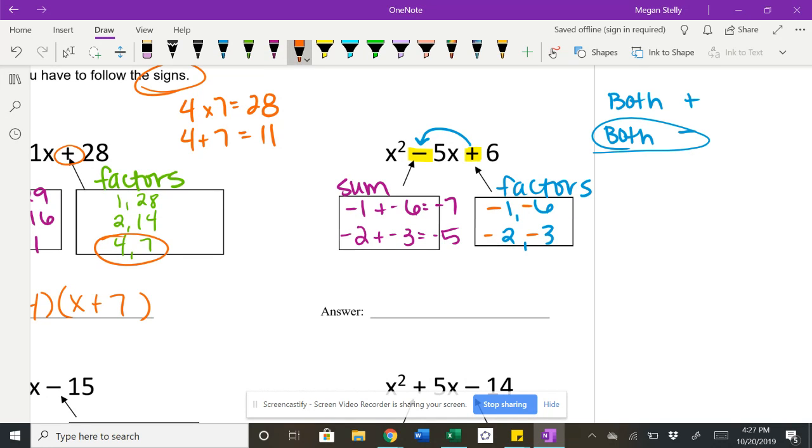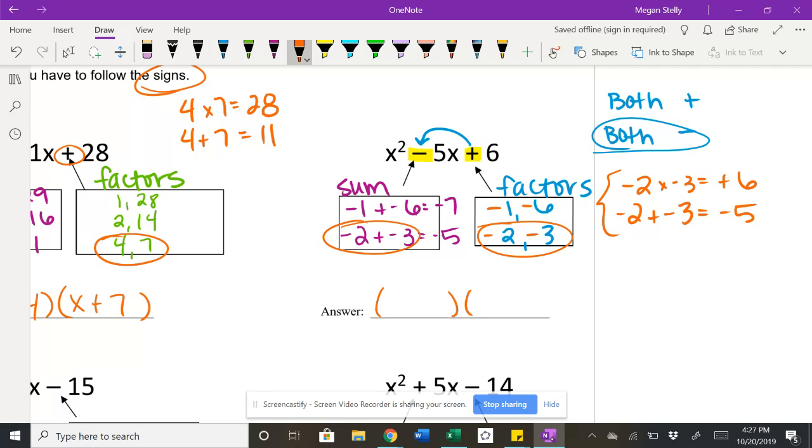And so the pair that I want is -2 and -3, because they multiply to a positive 6. -2 times -3 is a positive 6. And they add to -5. You don't have to do this work that I've done off to the side. I just wanted to show you that that's how this is going to work. So when we write our answer, it's going to be x minus 2, x minus 3.